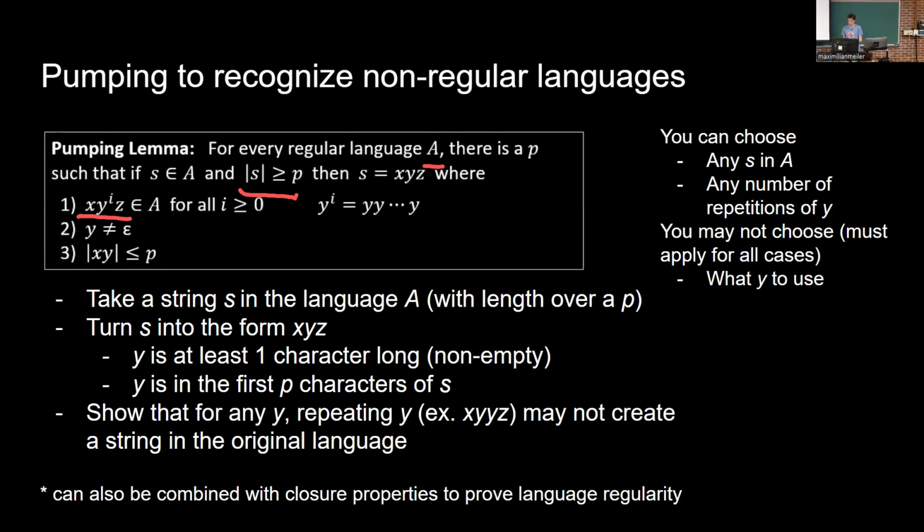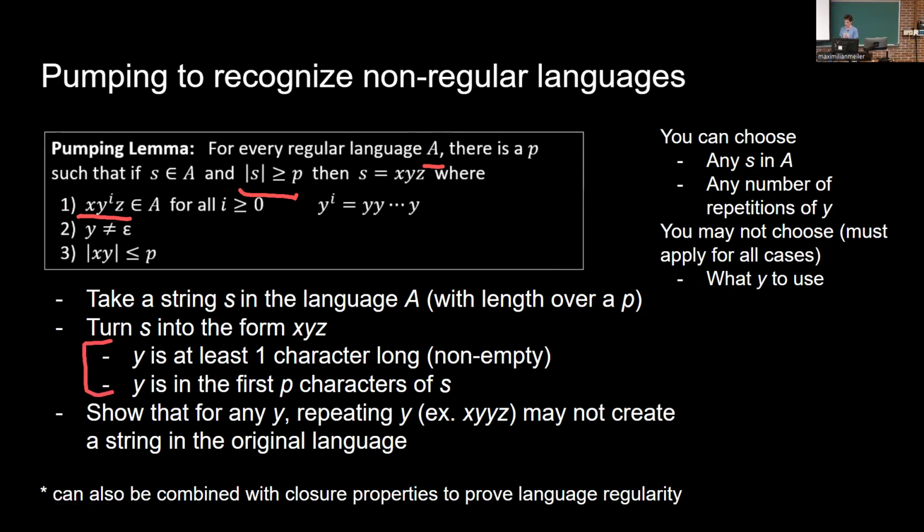So how do we disprove something? Well, we have to choose a certain S. We get to choose, but it must be in A. And we show that no matter how long y is, because x, y, z is a pretty broad definition, we just have to adhere to these two principles.